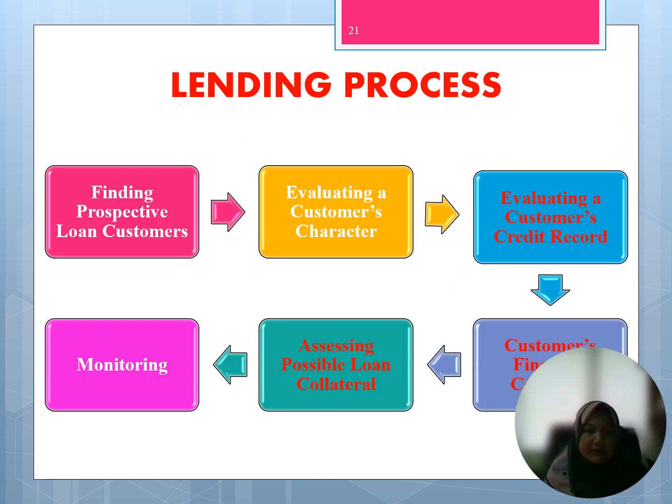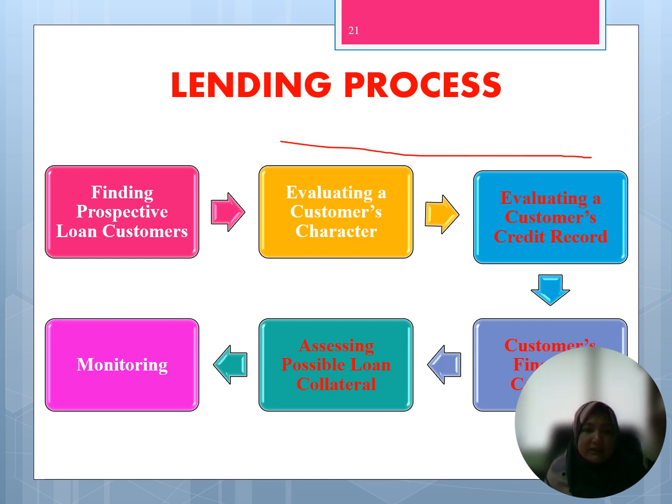This is how the lending process works. You start with the loan application, finding the customer, and then the customer submits the loan application with the loan documentation and any supporting evidence. Then the bank will do their credit analysis.